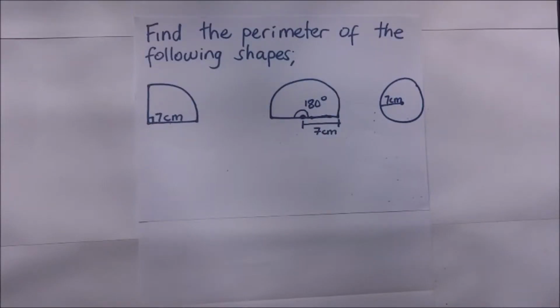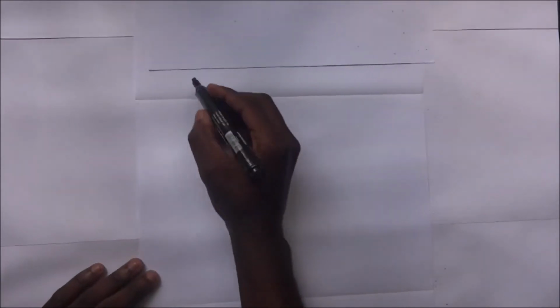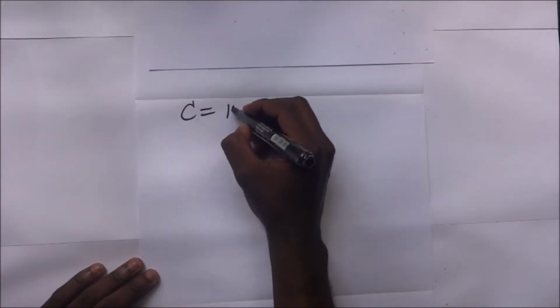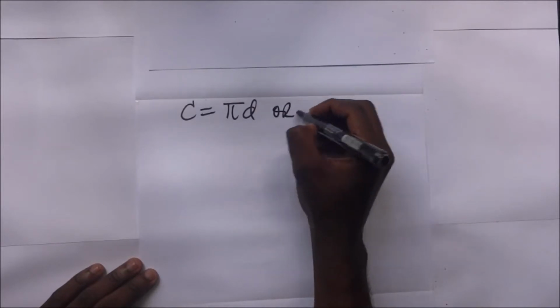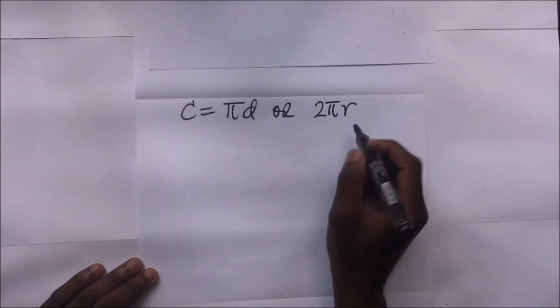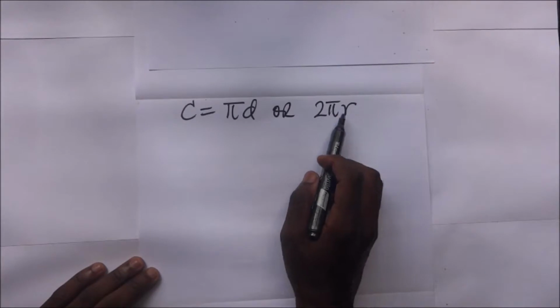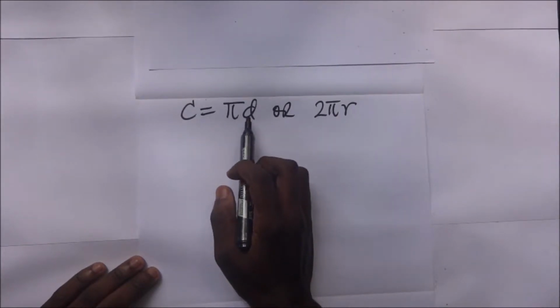Now let's try and find the perimeter of these shapes. Before, we've been doing the perimeter of a circle, or call it the circumference of a circle, and we said that the circumference of a circle is pi d, or 2 pi r, where r stands for the radius and d stands for diameter.